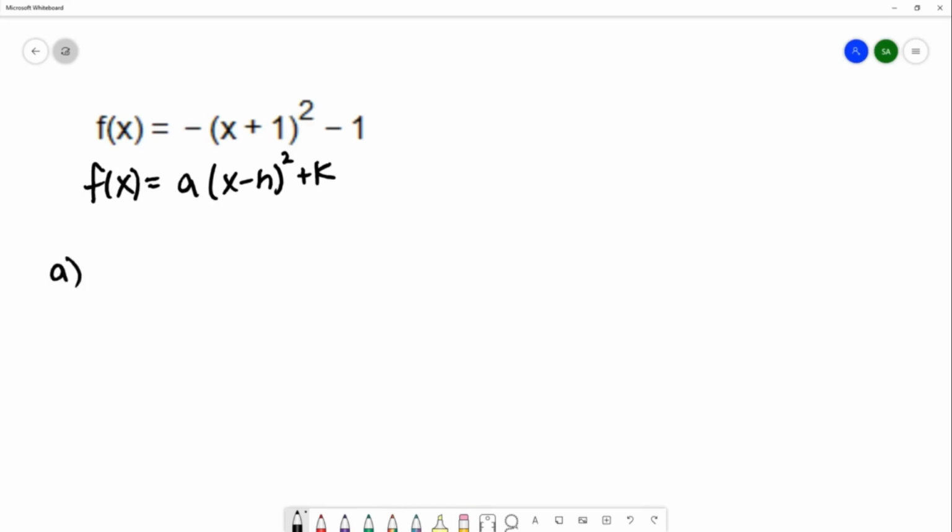The first thing I want to know is what is the vertex? So in order to know the vertex, you have to know that this h, k represents the coordinates of the vertex. So the ordered pair h, k is the vertex. We can match those positions up in our problem.